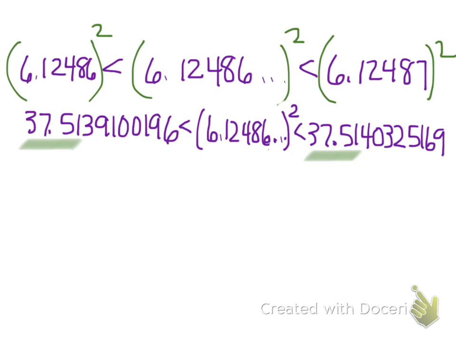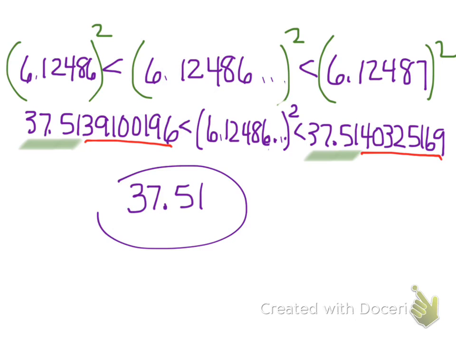Once I go past there, then I'm getting differences. All this part of it is slightly different. So I know that this number squared is, I can get it accurate to the hundredths digit, 37 and 51 hundredths.